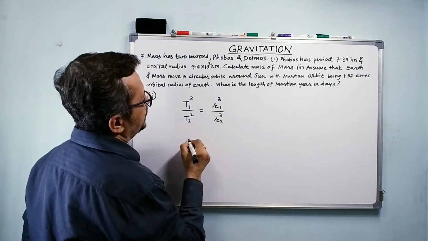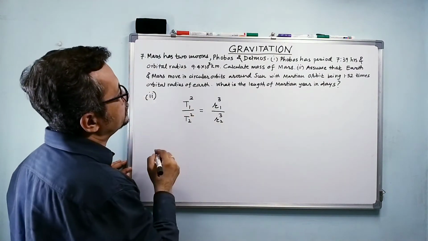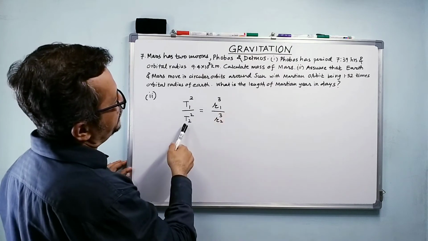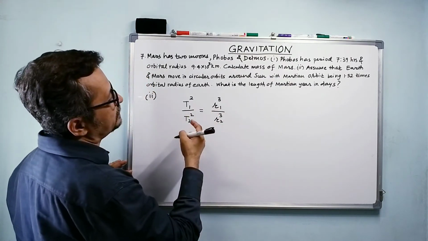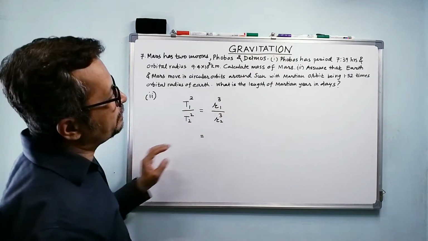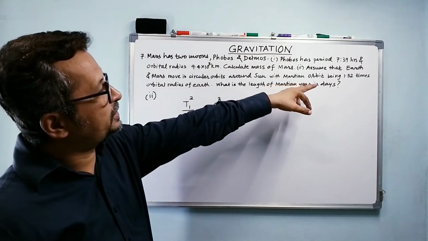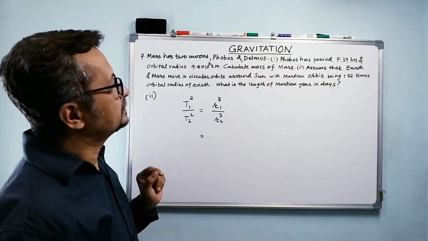So now t1 upon t2 whole square, we want to find t1. Okay. So this is going to be r1 upon r2 cube. We have been given that the Martian orbit is 1.52 times that of Earth.